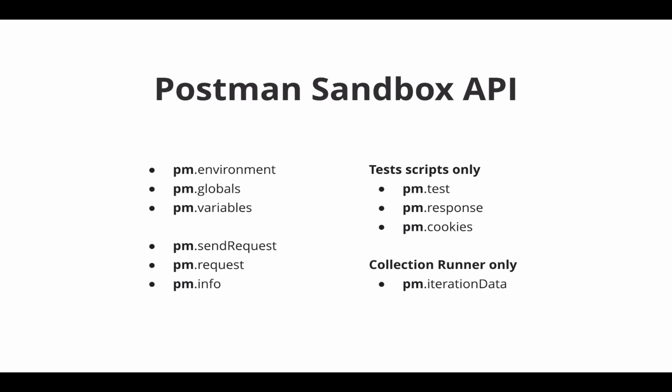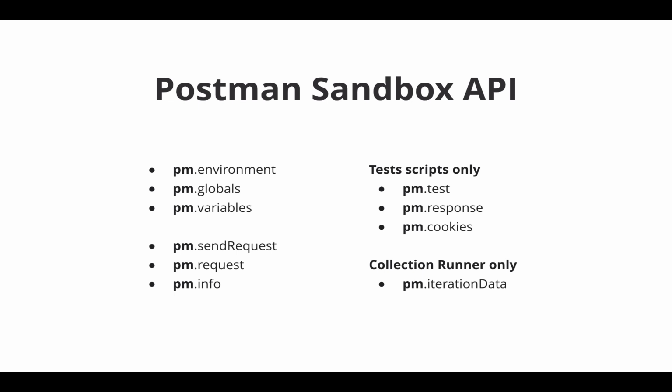There are other functions also available on the Postman Sandbox object. So pm.environment is available if you want to read or alter the value of an environment. Similarly, there's pm.globals and pm.variables also available. There's a special API available for sending a request from within the JavaScript called pm.sendRequest. We would see that as we go along.